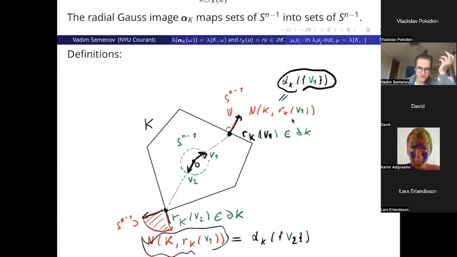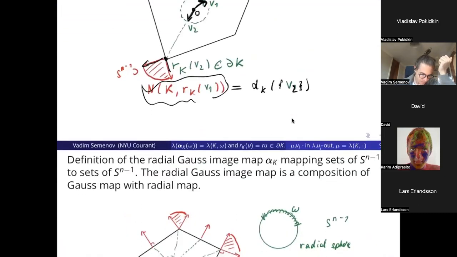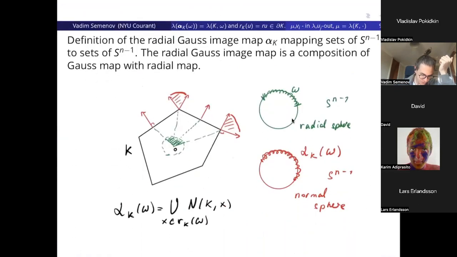And there is a notion of continuity, but this is not the continuity you want. It's a weaker form of continuity. And this is an example. I took a set omega over here on the sphere, and this is what it mapped to. So as you can see, it becomes bigger.